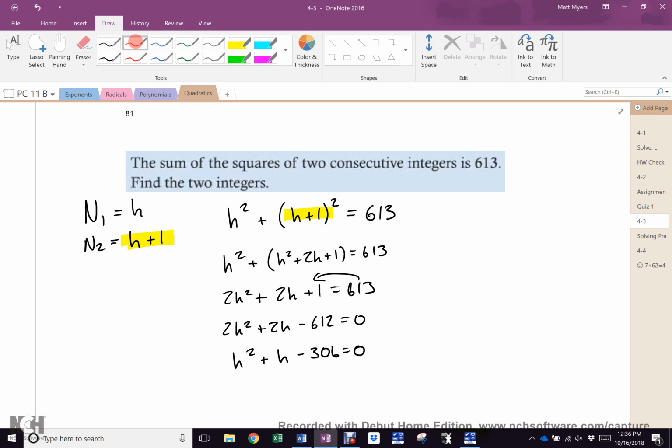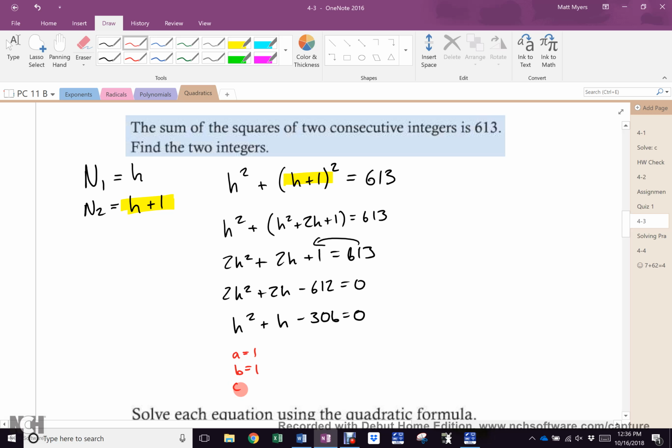But fortunately, we know that A equals 1, B equals 1, and C equals negative 306, right? Do I know something that uses A, B, and C? Of course I do. I'm going to get my good friend the quadratic formula. H equals, what is negative B?